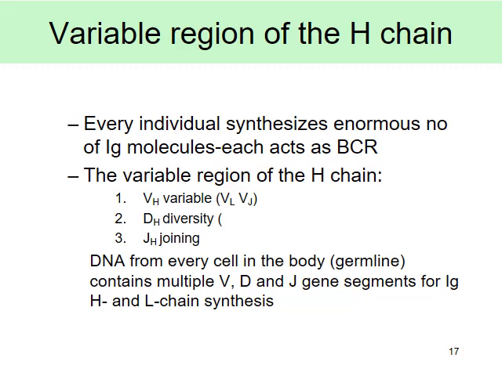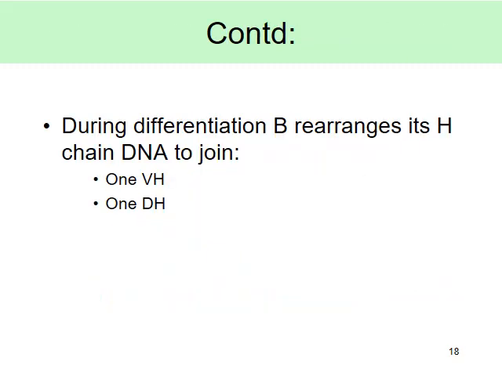And then again, you can see the DNA from every cell in the body, which is the germline, contains multiple VDJ gene segments for heavy and light chain synthesis. So we have choices. Each of our cells contains that information, so we can cut and paste at different levels. Now, we know for sure that once everything is assembled, it will follow the protocol.